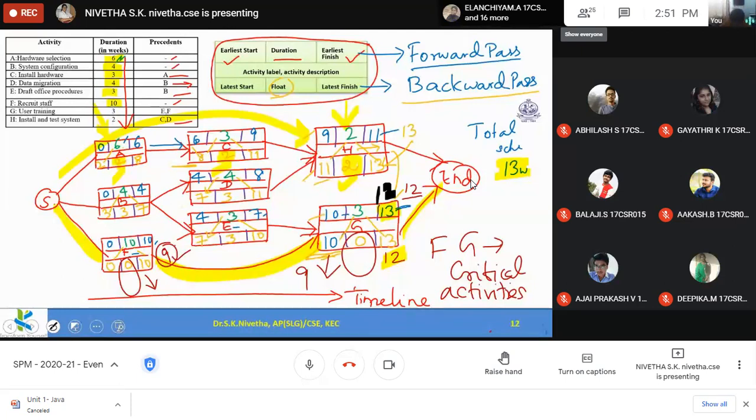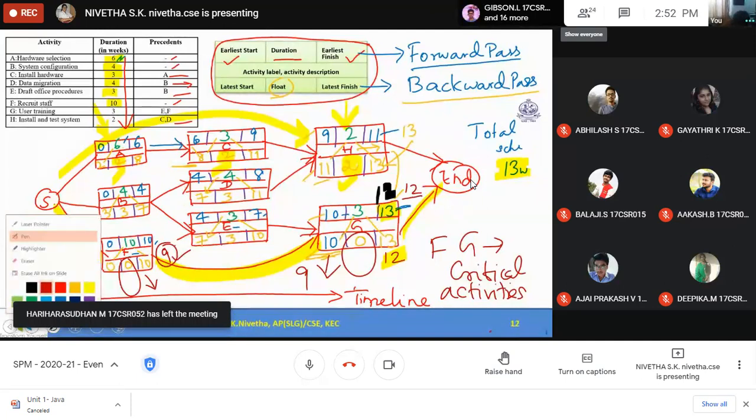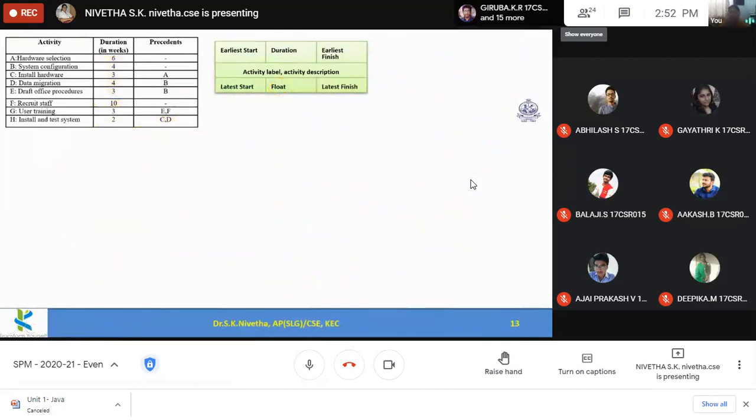Okay, so one more time we shall see quickly. One more time I quickly draw the same problem, so you can quickly follow it up. Start. So 3 activities can be started parallelly without any precedence.